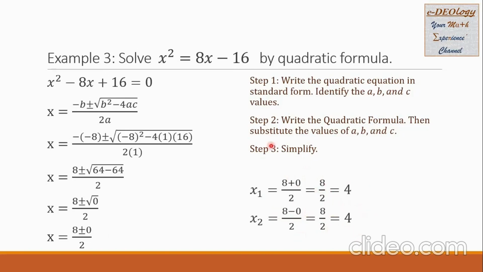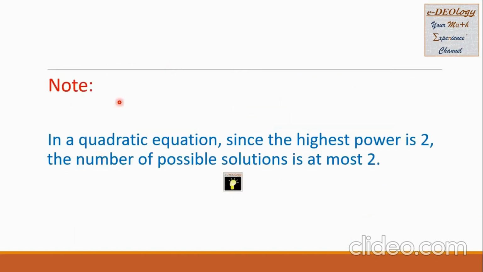It's like the solution of the quadratic equation is simply a single number, and that is 4. This is our final answer. Take note, in a quadratic equation, since the highest power is 2, the number of possible solutions is at most 2.